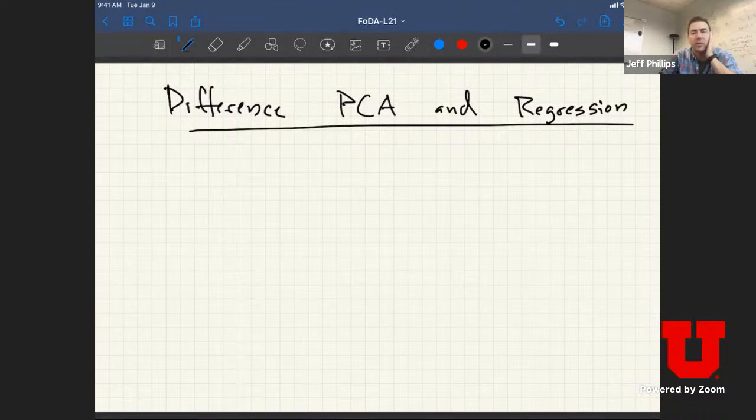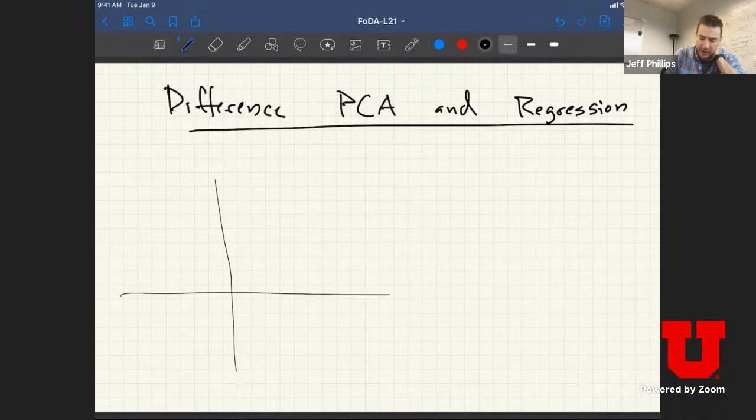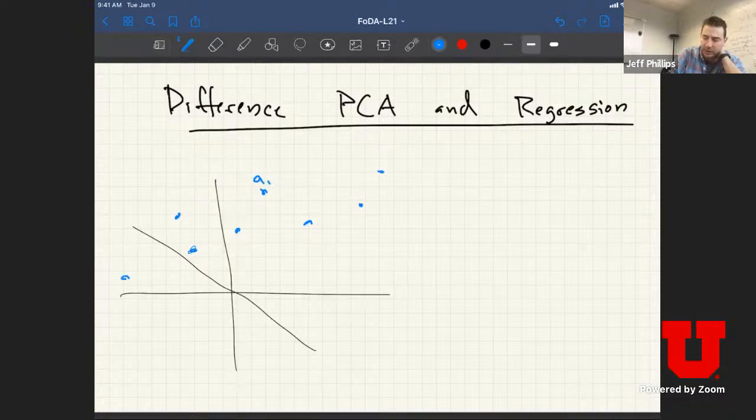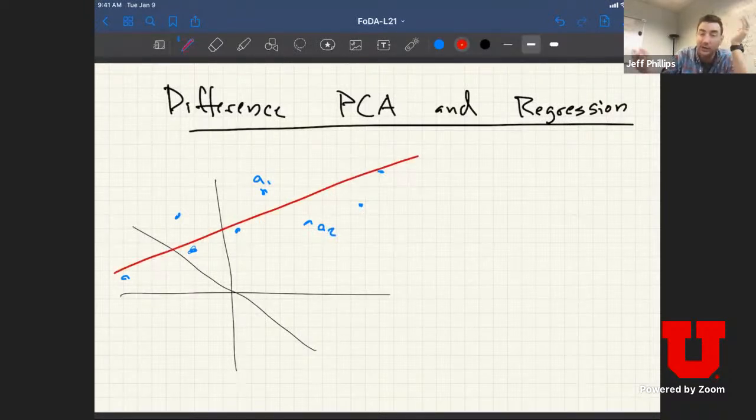But there's one other geometric point I was thinking to make. We're in a high dimensional space, and we think of having some data in this space, these data points, A1, A2, and so forth. Generically, we're fitting some linear subspace through here.